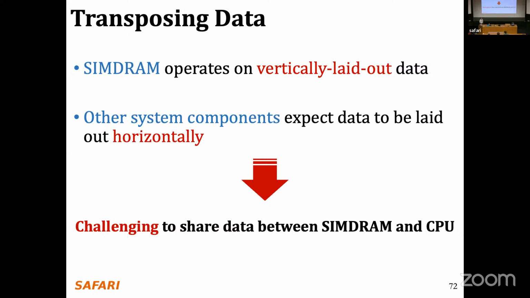So transposing all of the data would create a performance loss for applications that are not processing using memory. So I need to find a way to efficiently transpose the data every time I'm going to do processing using DRAM computation, from horizontal to vertical and vertical to horizontal, hopefully transparently from the CPU.